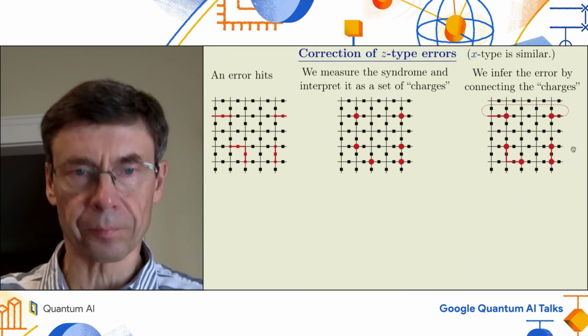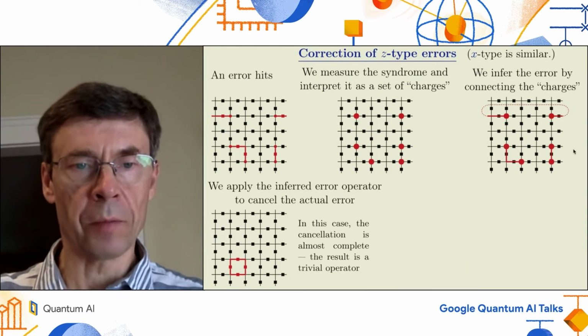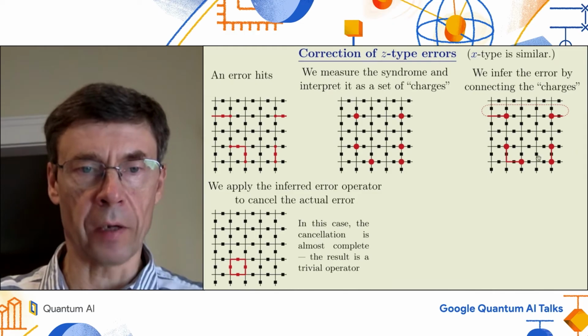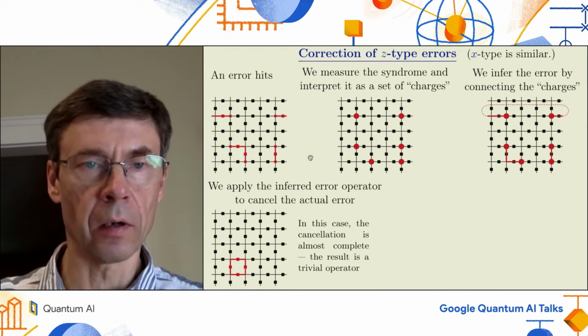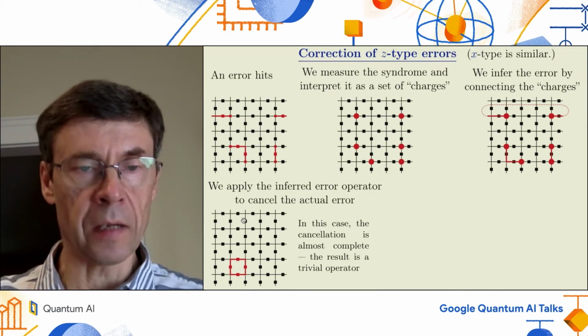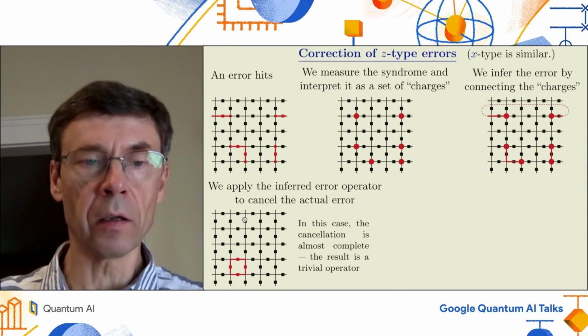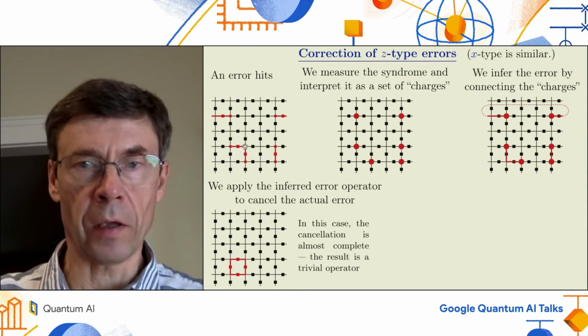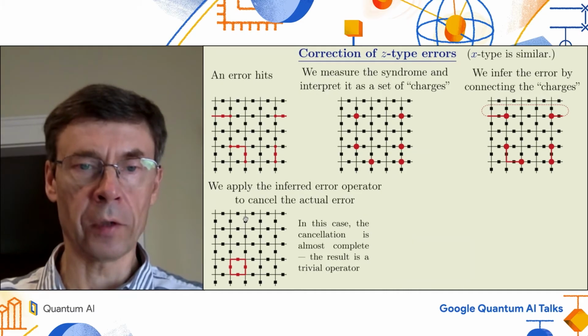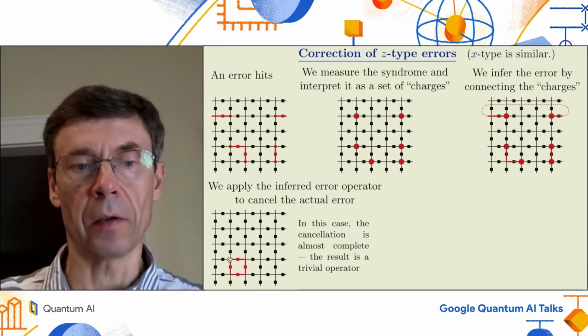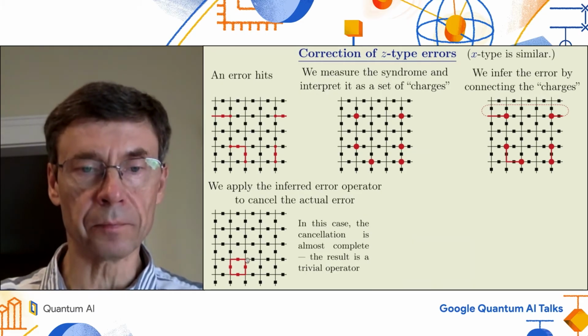And so, at the next step, we apply the inferred error operator to cancel the actual error. It doesn't cancel exactly, but it's fine. The product of the error operator and the inferred error operator is a trivial operator. It's just this plaquette. The cancellation is almost complete.